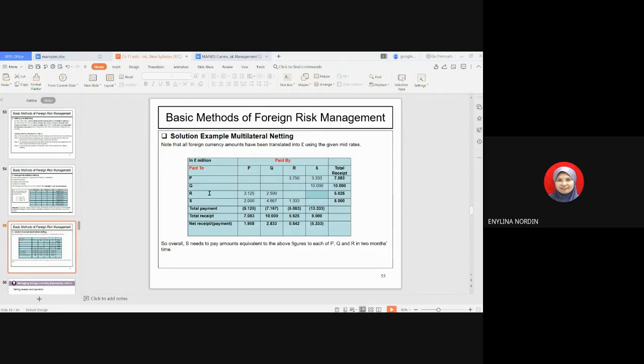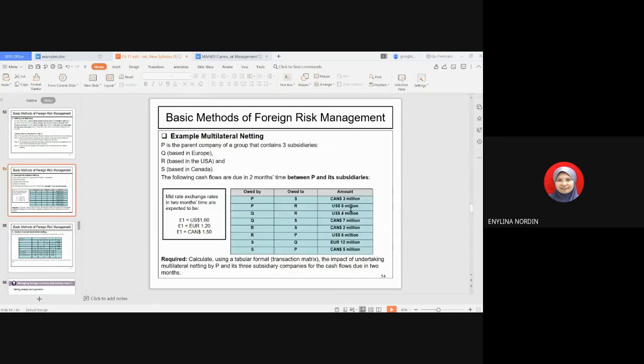P will pay to R. R is US. And how much? 5 million US dollar. Then 5 million you divide by 1.6 to convert into pound. This is the exchange rate of US against pound. Then how much does the parent pay to the US subsidiary?